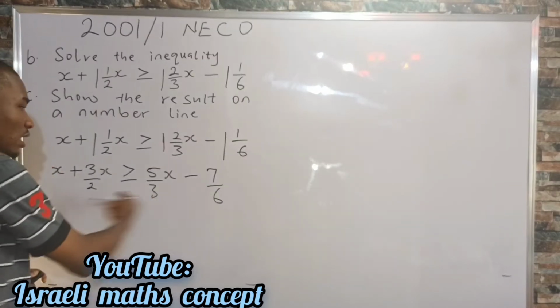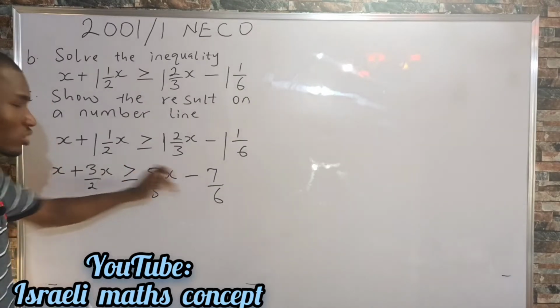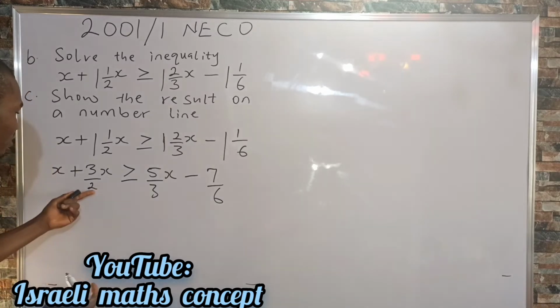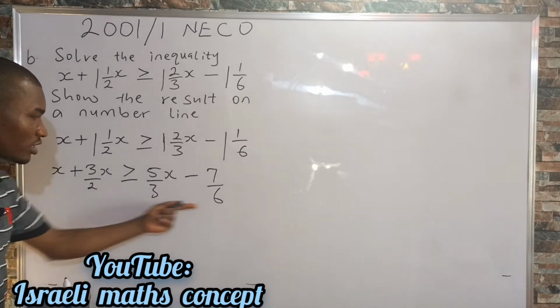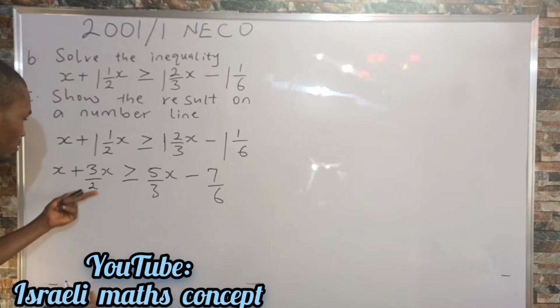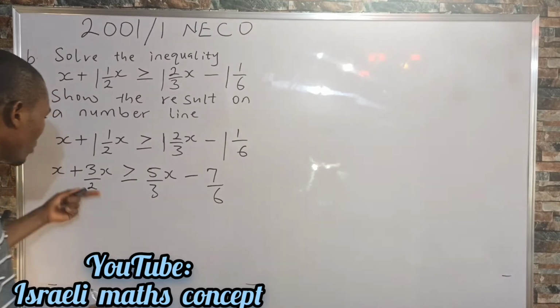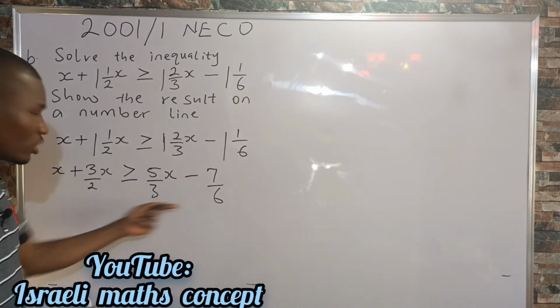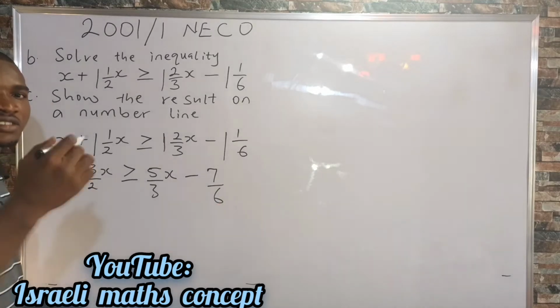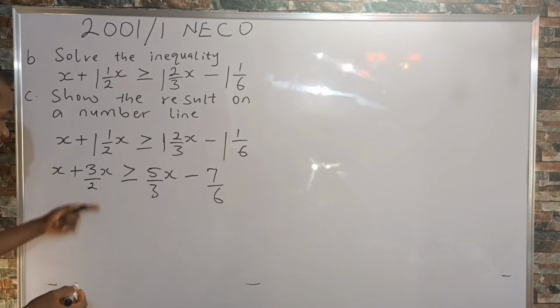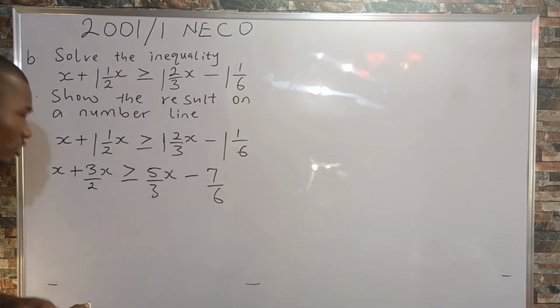Alright, we can clear the fractions because this is in fractional form. To clear these fractions, we should first ask ourselves, what are the denominators we have? The denominators are 2, 3, and 6, respectively. The LCM of the denominators 2, 3, and 6 is 6. So we multiply through by the LCM of the denominators so as to clear the fractions.